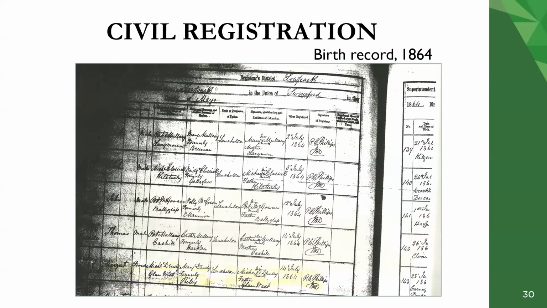Then it will give the mother's name with her maiden name, what the father does as an occupation, who the informant was, and 9 times out of 10 it'll be the father who comes in to register the child, and then the date of registration and the signature. So, for example, in this one down here that I've highlighted, Margaret is the daughter who was born. Her surname is Drudy, and the mother's maiden name was Riley. So you have information about both sides of the family.